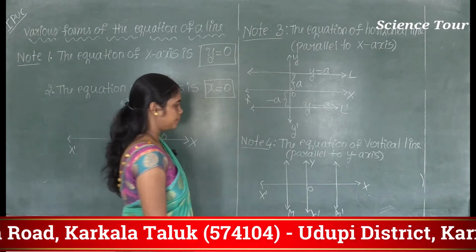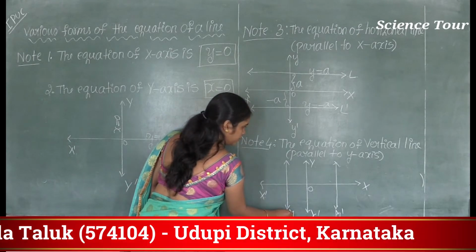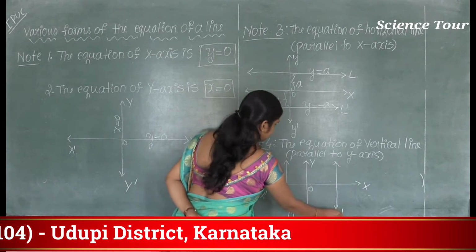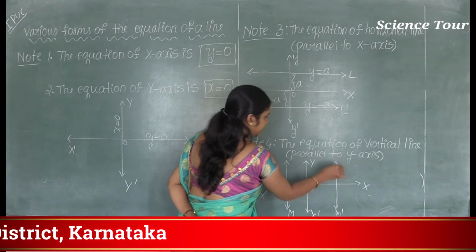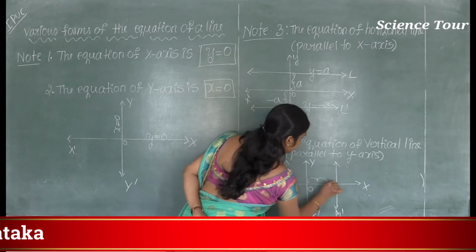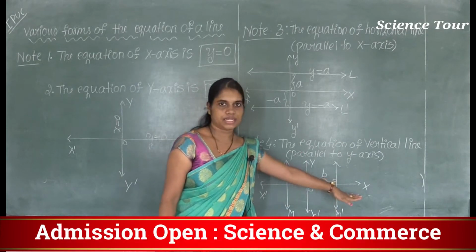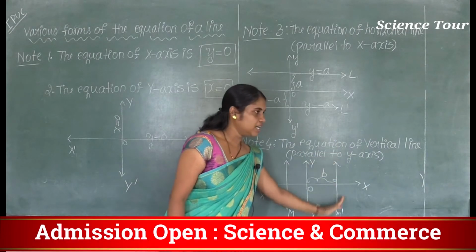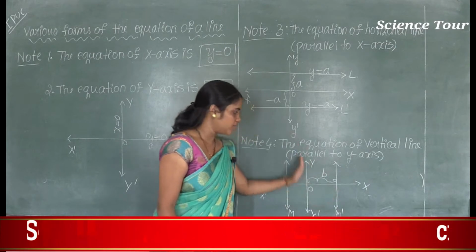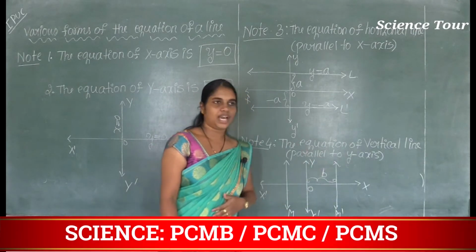First I will consider M dash. I will consider the line M dash is at a distance b from the y axis. So what is the perpendicular distance of this line M dash from the y axis? That is b.